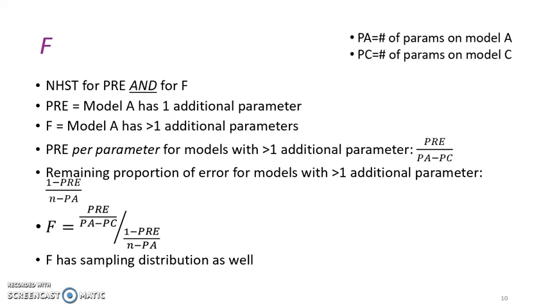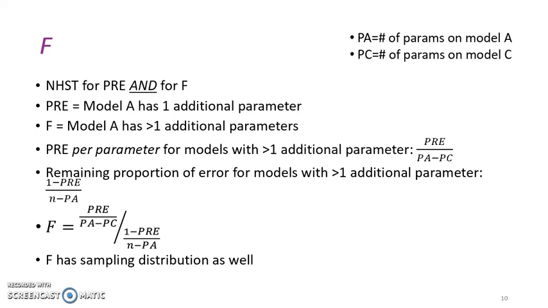And this, you can see in the second to last bullet, is the numerator of the F statistic. Then we also want to get the remaining proportion of error for models with more than one additional parameter. To do this, we calculate 1 minus PRE, which would be the remaining proportion of error in models with only one parameter, the same way that we would calculate it.